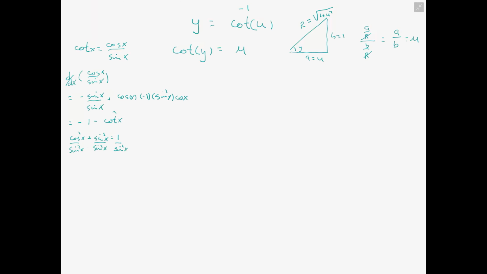And that is equal to cotangent squared x plus 1 equals cosecant squared x.